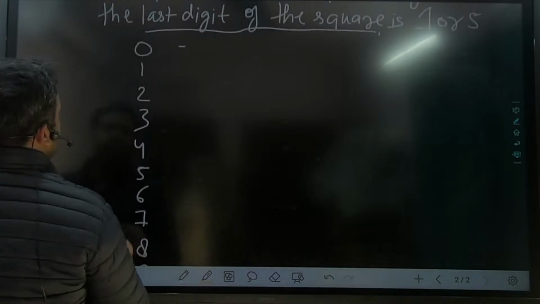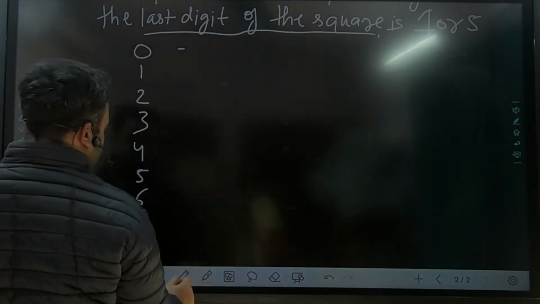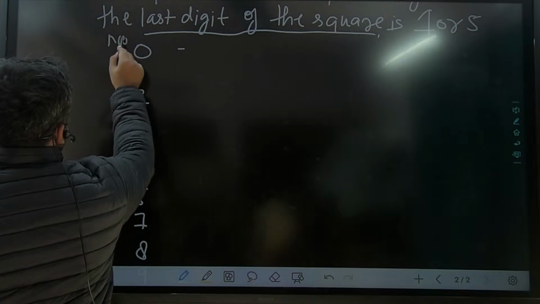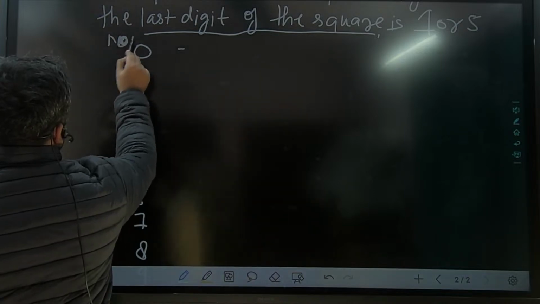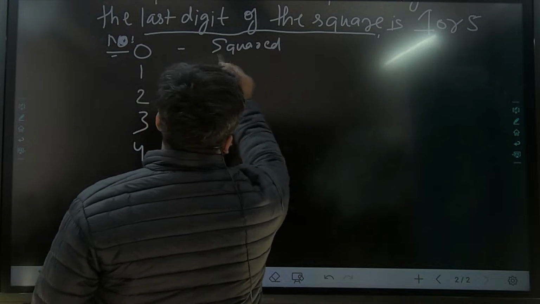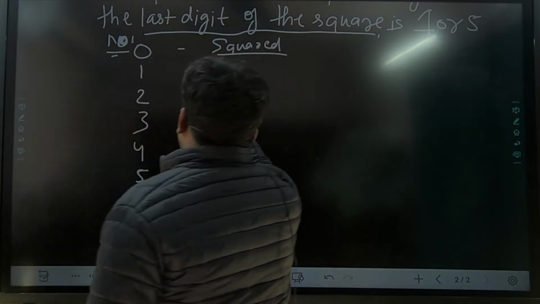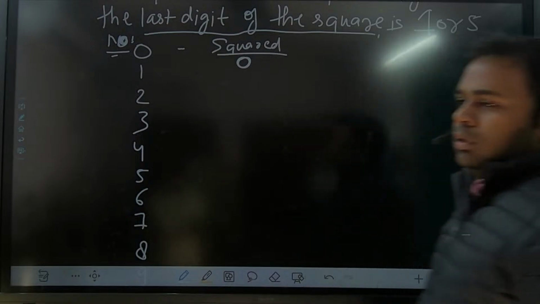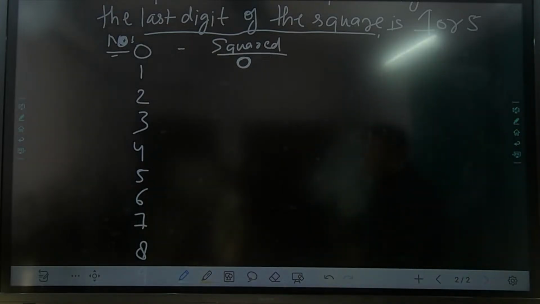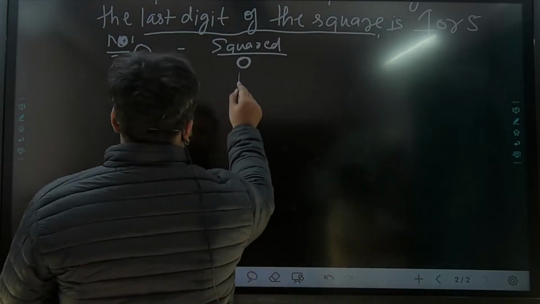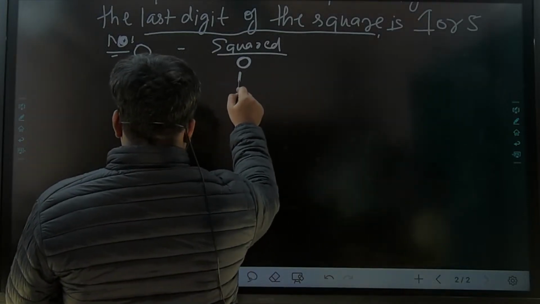For example, this is just any number from here. Whichever number you select, the last digit is this, and this is the square of that number. If the last digit is 0, then the last digit of the squared number is also 0. If you take any number whose last digit is 1, and square it, you will get 1 only, right?